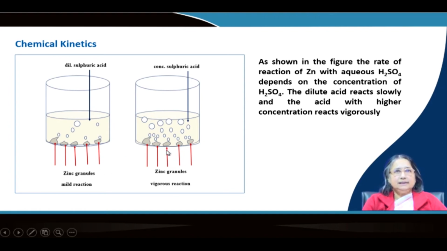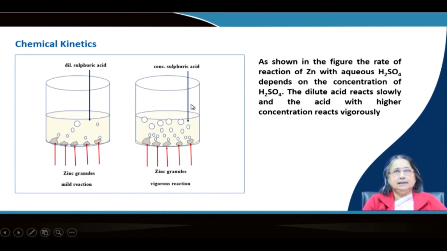There are two vessels. In both the vessels you see the zinc granules are there, and then in the first vessel dilute sulfuric acid is added, and in the second vessel concentrated sulfuric acid is added. This is dilute and this is much more concentrated sulfuric acid.